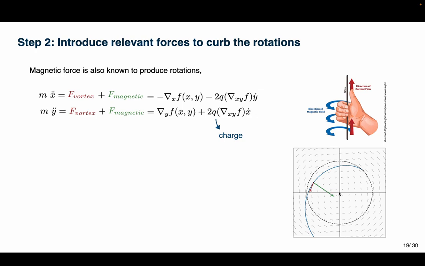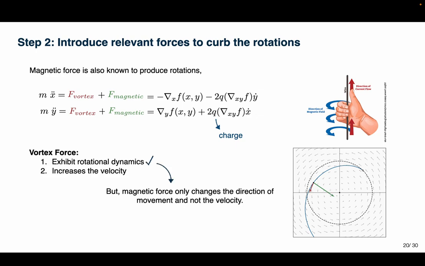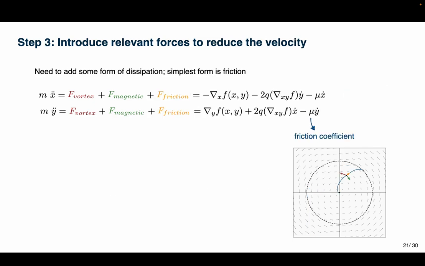However, we don't see convergence to the equilibrium because it is known that the magnetic force only changes the direction of the movement and not the velocity. So since we were increasing the velocity using the vortex force, we were not observing convergence. So what we needed now was to introduce another force to reduce the velocity.